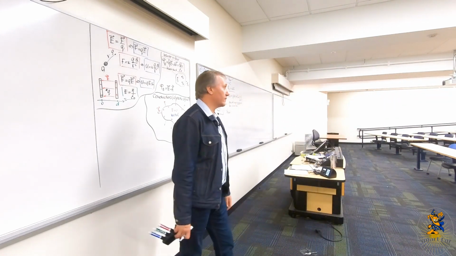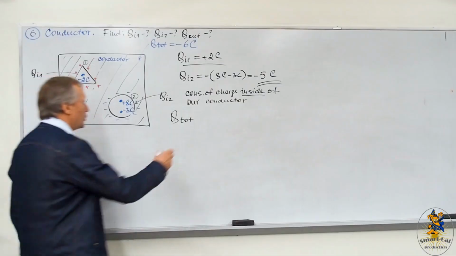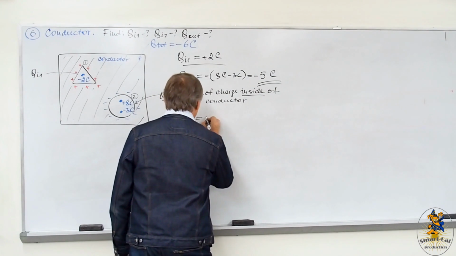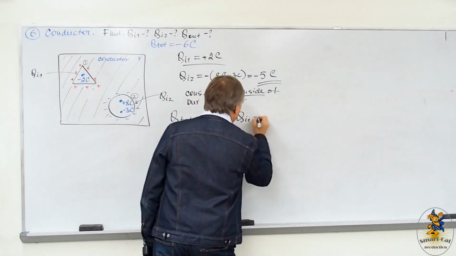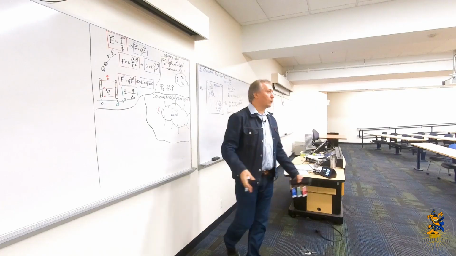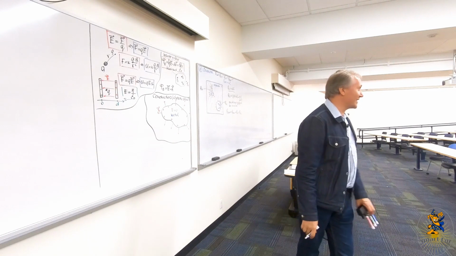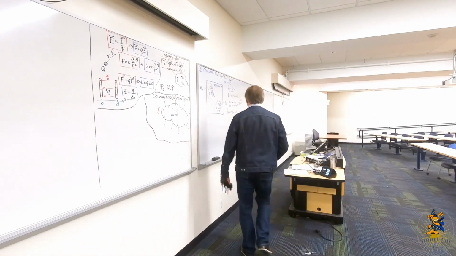So again, conservation of charge in 3 rooms which are connected. So Q total equals Q out plus QI1 plus QI2. If I add more holes, more terms will be in this equation, right? That's the only difference. The idea is exactly the same.